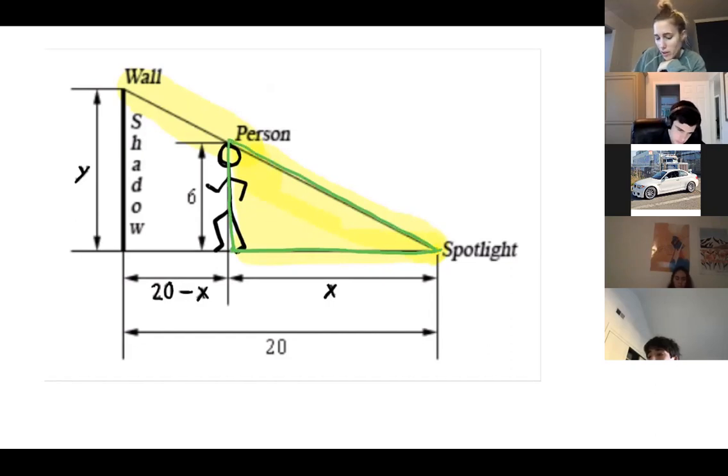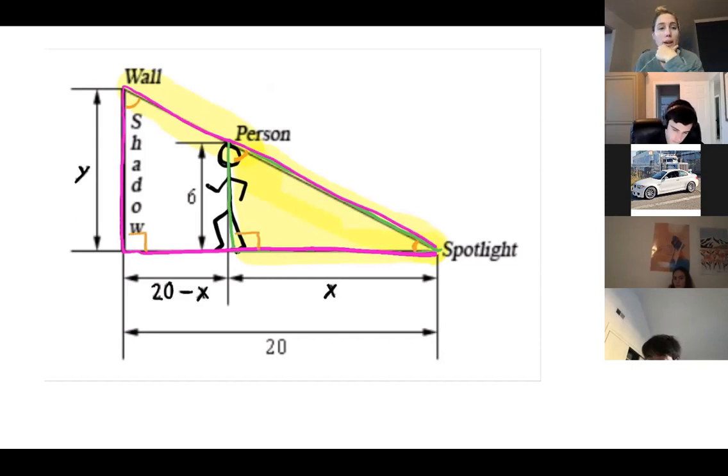And then there's also a right triangle created from the shadow and the spotlight. These are both right triangles, and they are actually similar right triangles because this angle equals this angle. And obviously they share that same angle there, and they both have right angles.